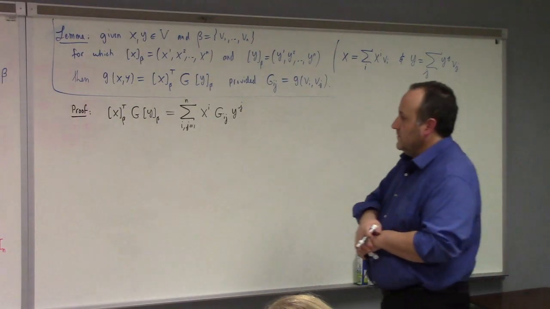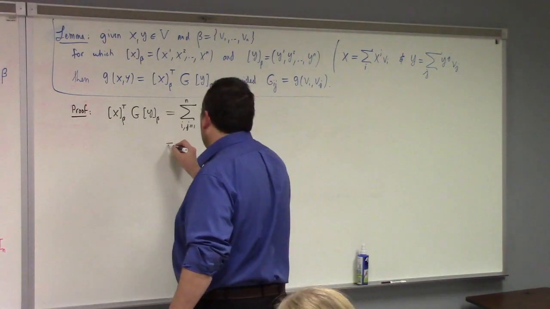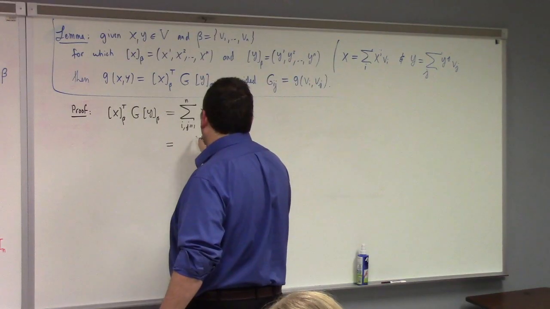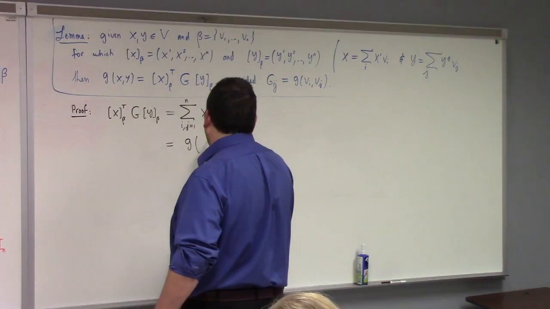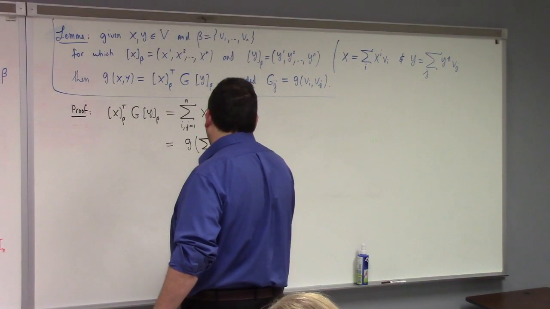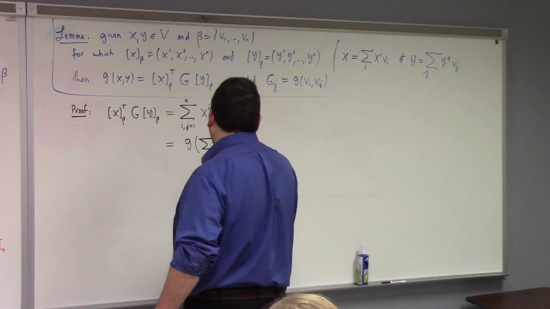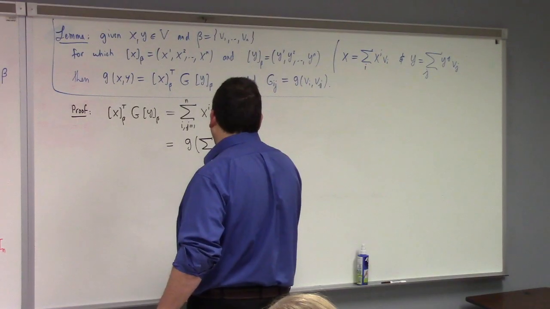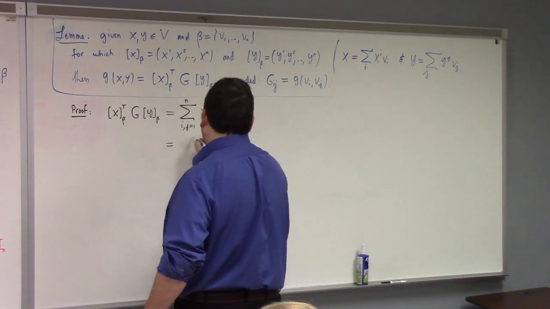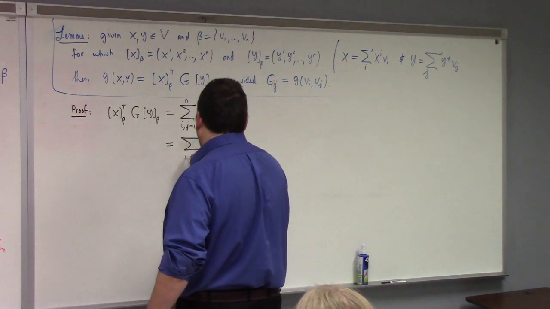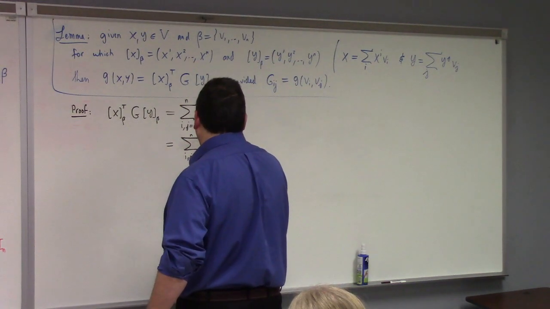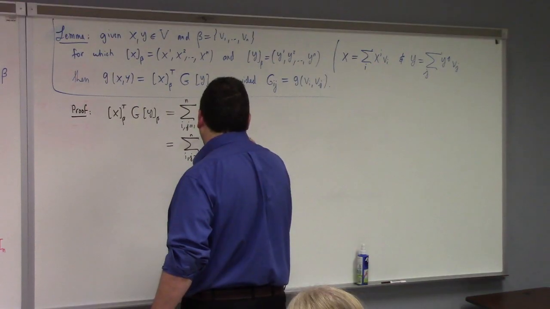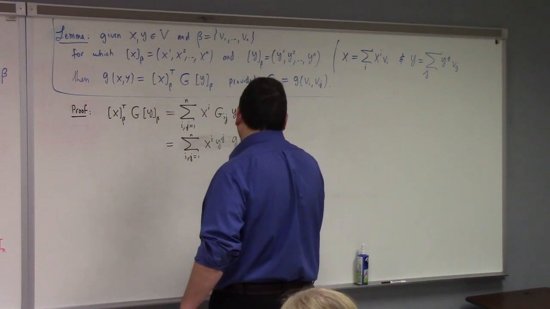And so this we can rewrite as, oh, fine, I'll do 2 steps here. I'm sorry, I'm skipping too many steps here. Sum i, j equals 1 to n of, let's say, x_i y_j times g of v_i v_j, right?